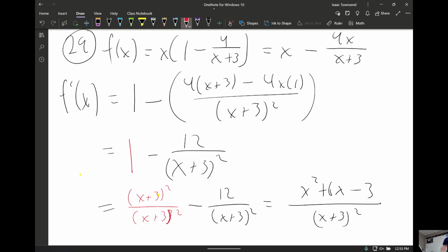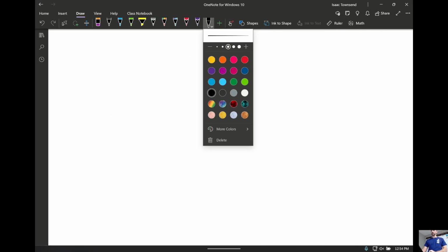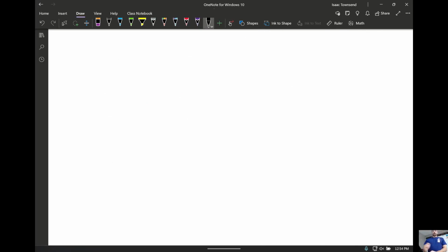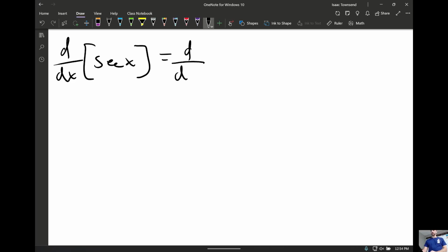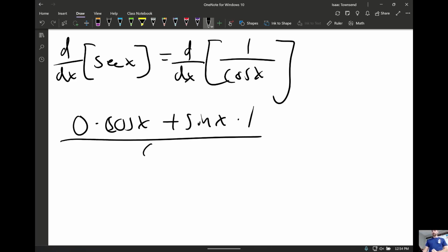Again, you don't want to rely on this long term, but if you were desperate to know the derivative of secant and you couldn't remember, you could rewrite it with trig identities, like one over cosine. Then use the quotient rule: derivative of the top with the bottom left alone minus the derivative of the bottom with the top left alone, all over the denominator squared.